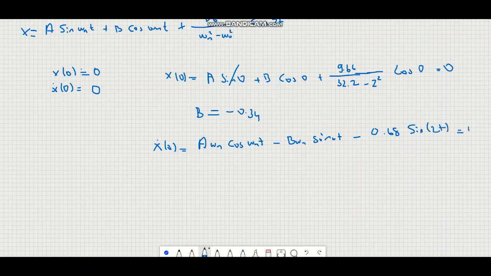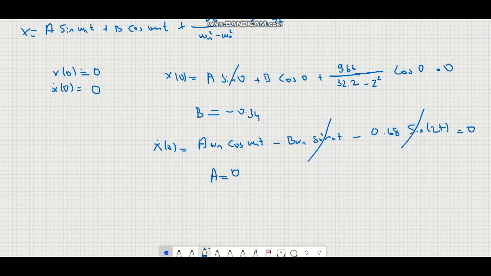When we plug in time 0, the sine terms go to 0, and A omega n cosine omega n t is not going to be 0 unless A is 0. That means A is 0.